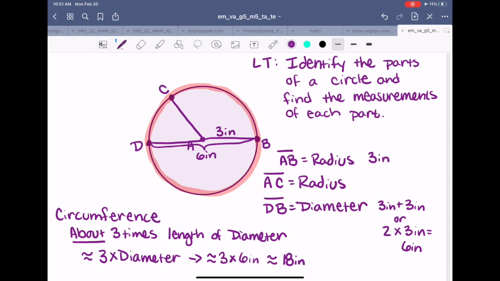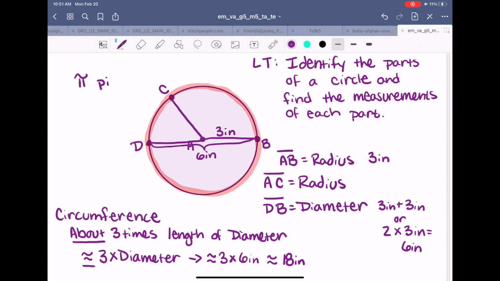We use this word about or approximately because really to find the circumference, we're going to multiply by pi. This is the symbol for pi. It's not like a pie that you eat. It's spelled P-I, pi.